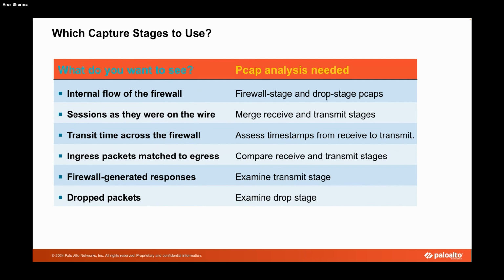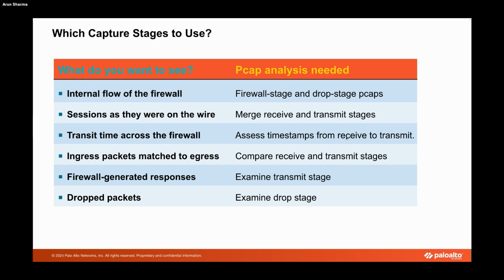Okay. So internal flow of the firewall, it's normally at the firewall stage and the drop stage. Session on the wire, it is at receive and transmit stage. Then transit time across the firewall, you have to assess the timestamps from receive. So compare the timestamp with the receive. So firewall first receives the traffic and then transmits it.